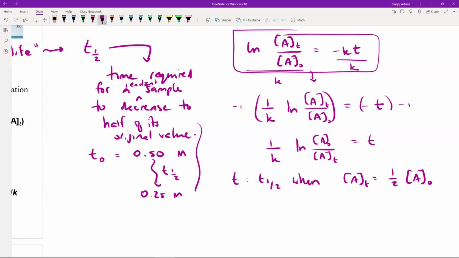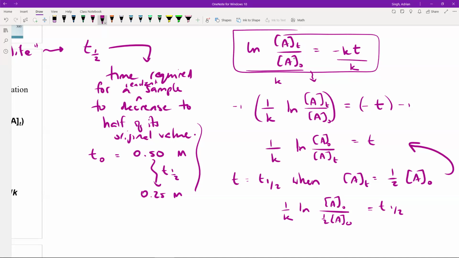So if I substitute these back into my rearranged equation, what I end up with is t 1/2, the half-life, equal to 1 over k times the natural log of A0 over half of A0.